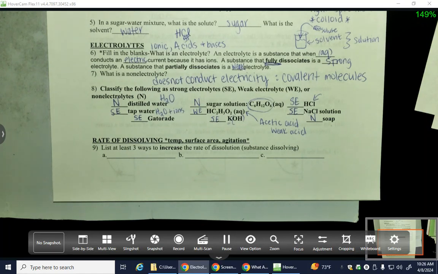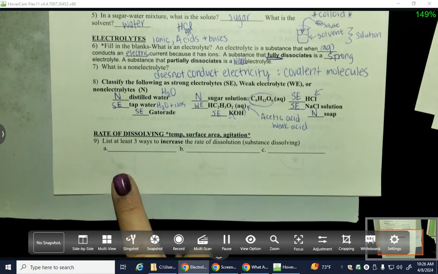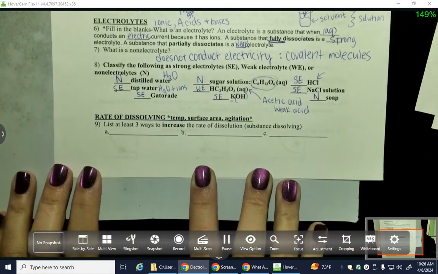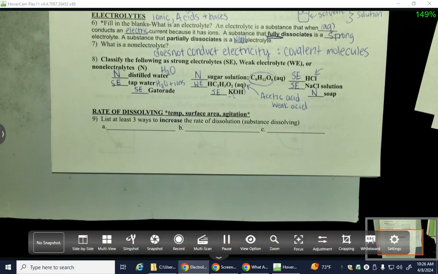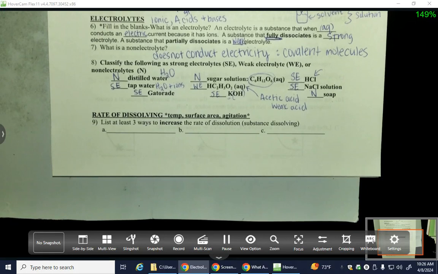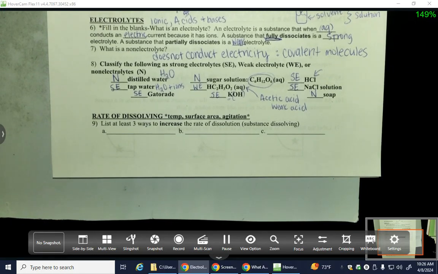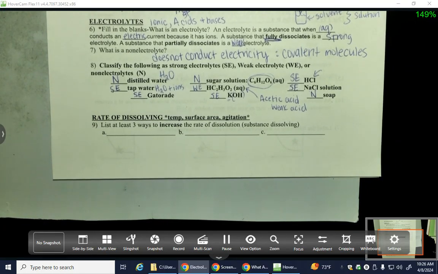All right, so next question says rate of dissolving. List at least 3 ways to increase your rate of dissolution. So how can we get something to dissolve faster? So those notes were the ones that were, I believe, connected to something.